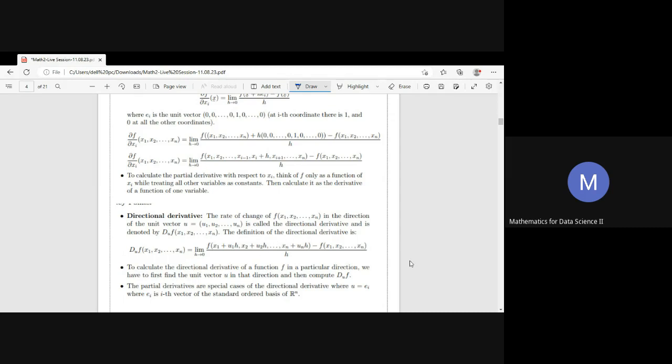So in that case, in that particular direction, you pick the unit vector. What is the unit vector in that specific direction, that's all. For example, in case you have y equal to mx, how do you find the unit vector along y equal to mx? This is in R2.